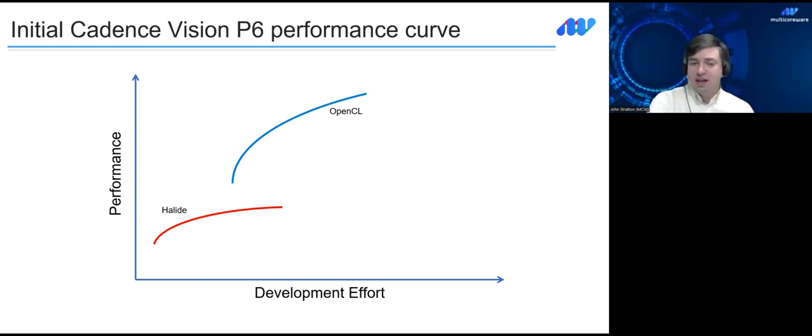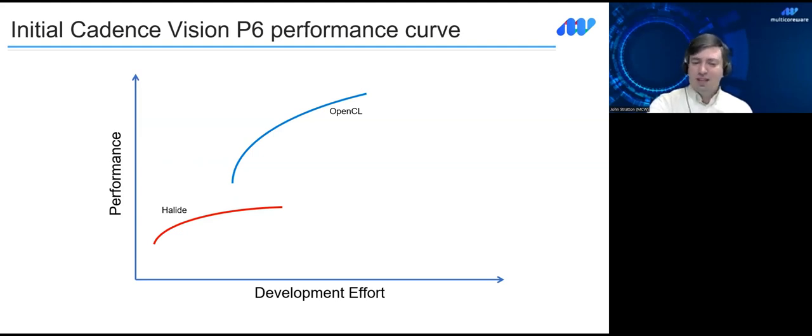You could use the OpenCL backend of Halide, and the OpenCL backend of Halide played fairly nicely with the OpenCL stack of the DSP, which was nice, and Halide was certainly easier to use than the OpenCL framework for developing applications.